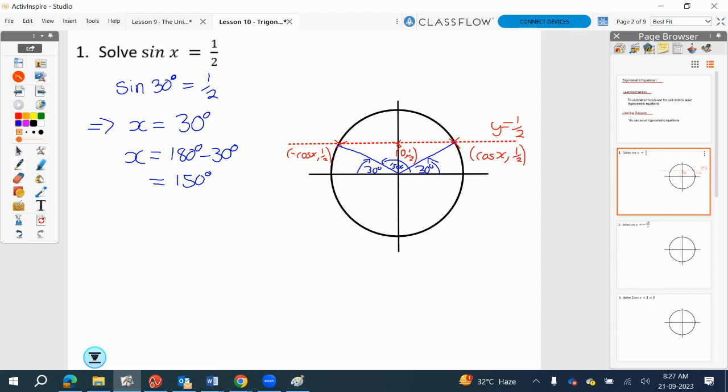Where is it? Negative 30 is here. Now does that cross the line y equals a half? Or intersect the line y equals a half? It doesn't. So no.